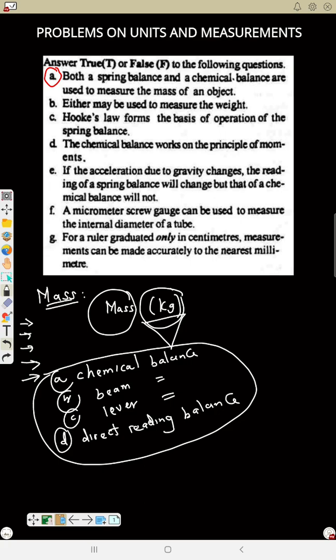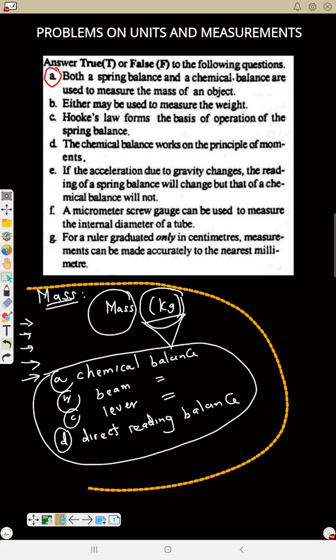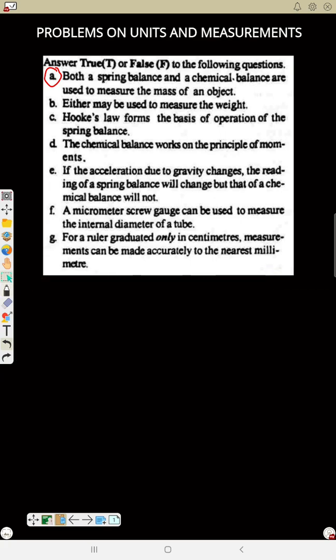Now, let's see weight. Weight is the force or pull with which the earth attracts a body towards the center of the earth. So, weight usually acts downward.